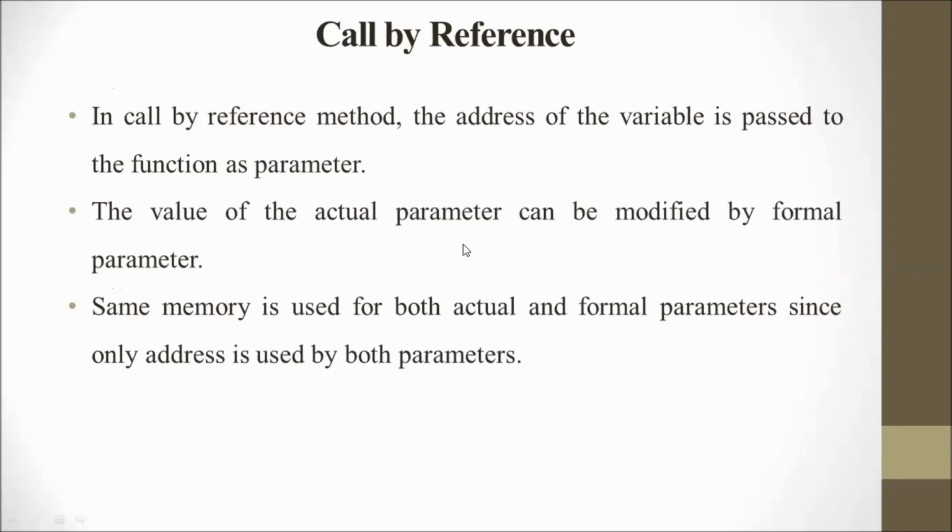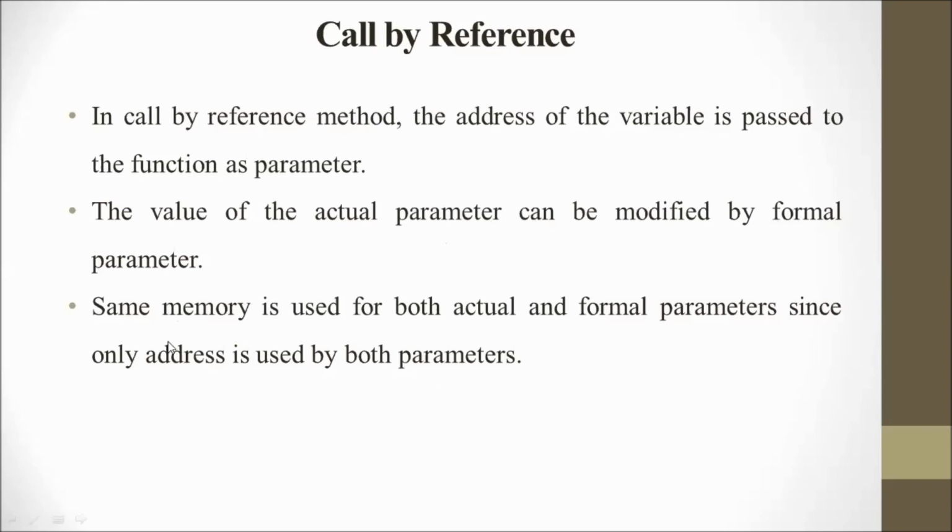Here, this is the different point from call by value. So here the actual value can be modified by the formal parameter. My formal parameter means the function's parameters. Okay. So here the same memory is used for both actual and formal parameters, since only the address is used by both parameters.